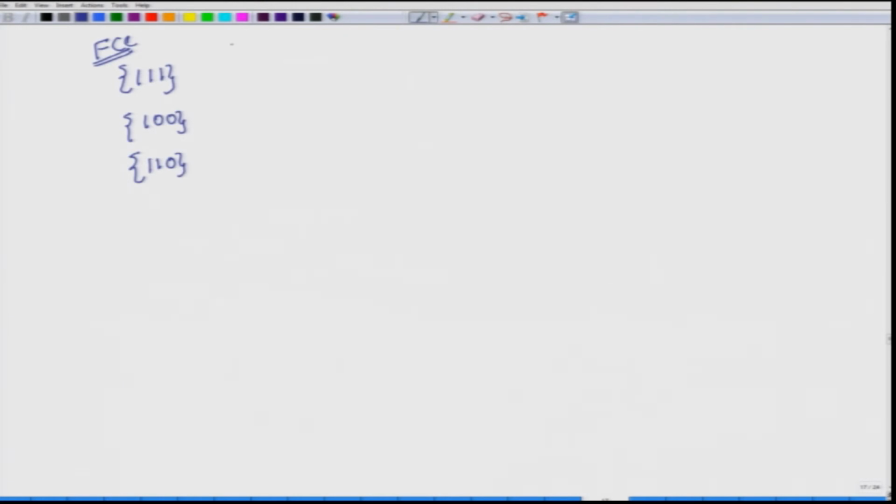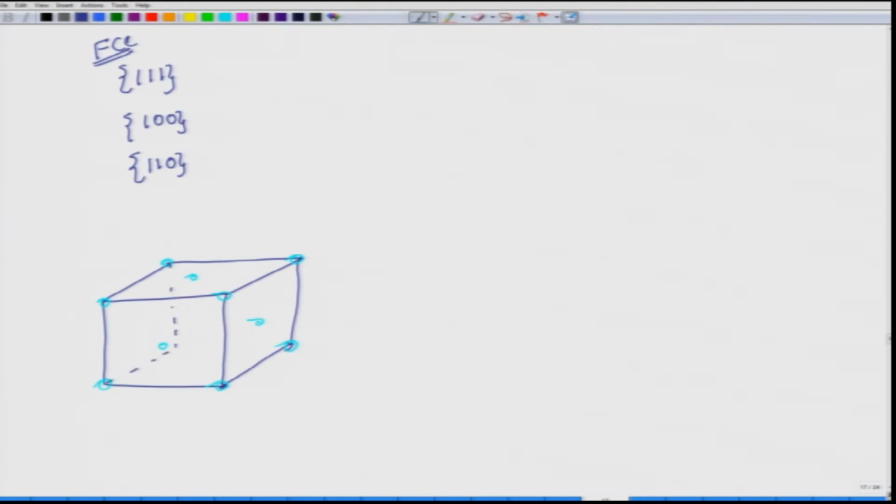If you look at the FCC cell, so this is how the FCC cell would look like, and here we are looking at the 111 plane.